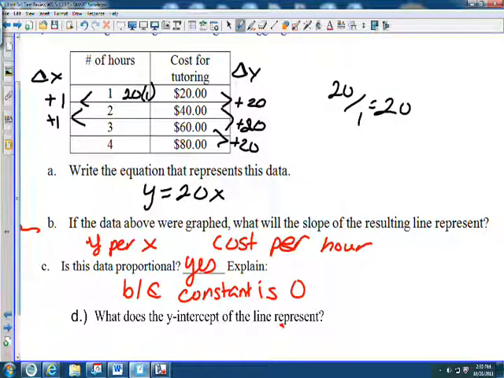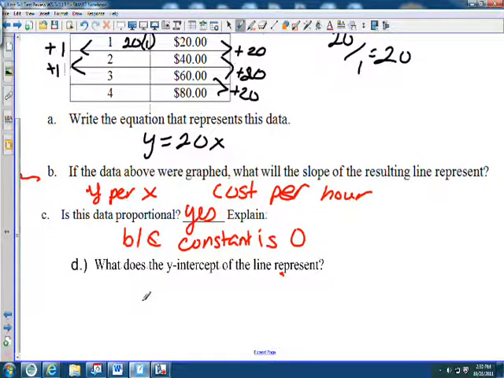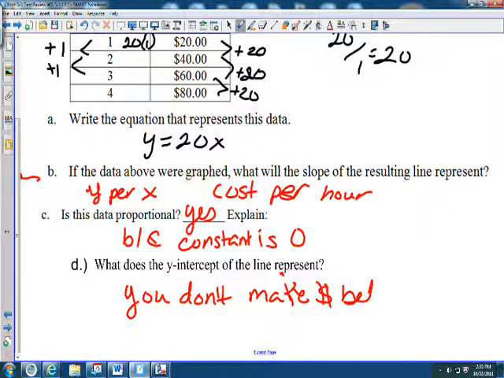What does the y-intercept represent? It means that you don't make money before you work. It means at 0 hours you've made $0.